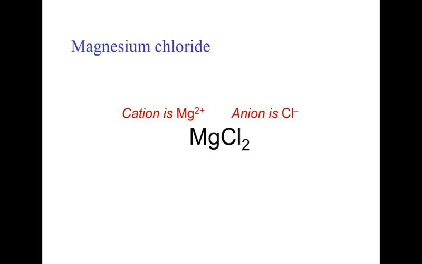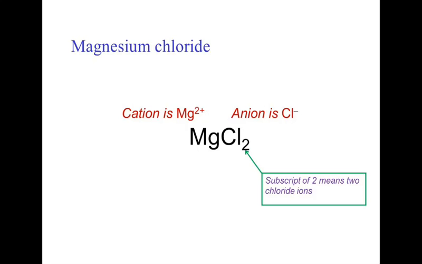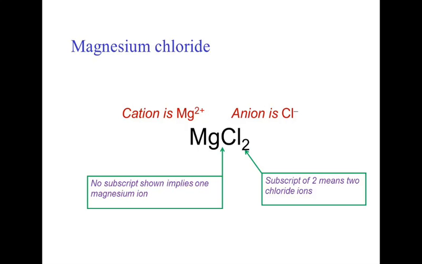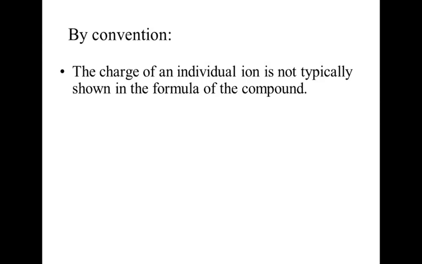In order to make it neutral, we have to have 2 of these -1s to counteract that 2+. Some of your books use what I call the crisscross method. I'll show you how we get MgCl2 if we want to combine magnesium and chlorine.